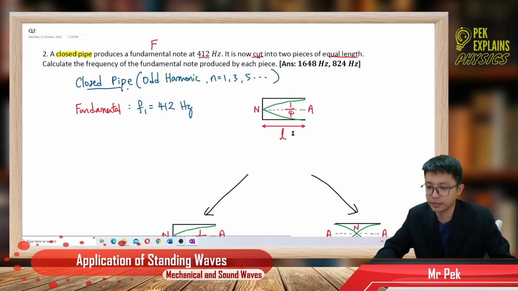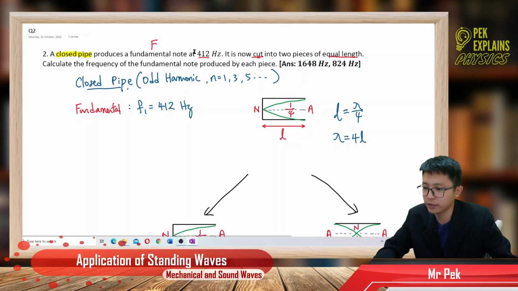So from here you can see this length is equal to 1/4 lambda, because the distance between a node and an antinode is always 1/4 lambda. The length of the pipe is 1/4 lambda, so lambda is equal to 4L.